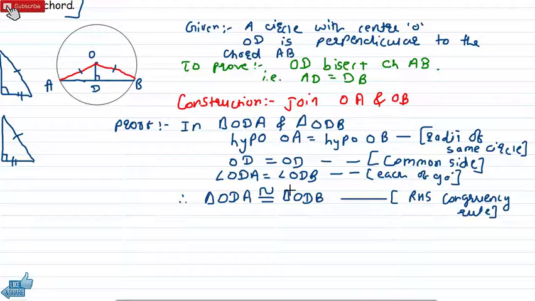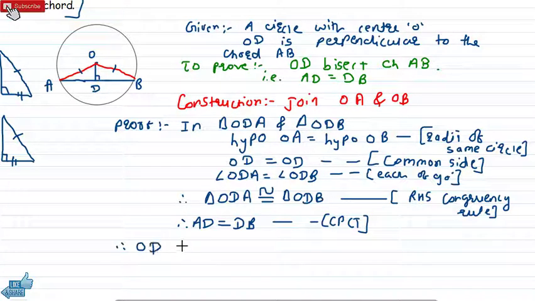Okay, so why do we show these triangles are congruent? Because we want to show AD is equal to DB. Therefore, AD is equal to DB, and the reason is CPCT, corresponding parts of congruent triangles, which also means therefore OD bisects AB. That's so simple. Hence proof.